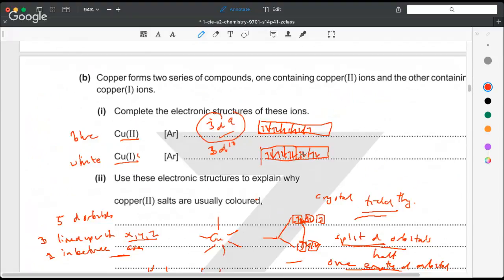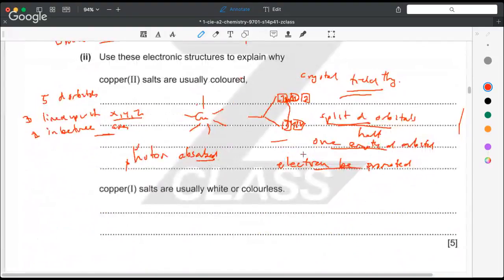And so even if those orbitals are split, 3 up, 2 down, even if they are split, you can't promote an electron from a lower energy level to a higher energy level because there isn't a half-filled d orbital ready to be filled. So no empty or half-empty d orbitals. So a total of 5 marks for that question.